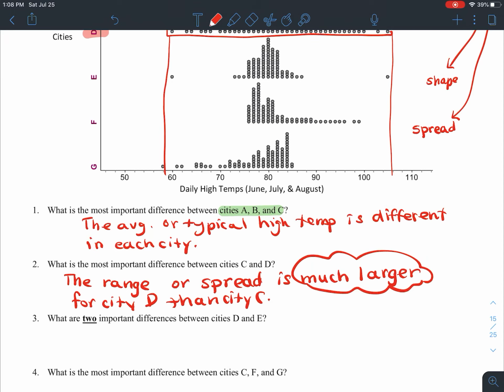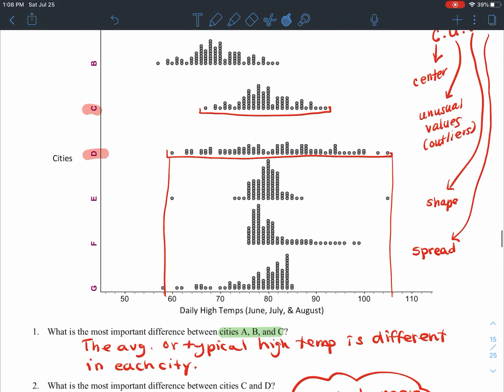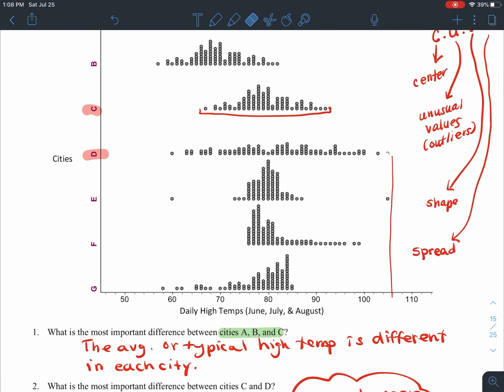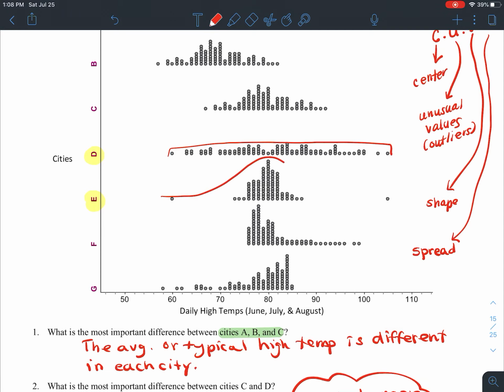Okay, question 3. What are 2 important differences between cities D and E? Okay, so let me just get this cleared off here real quick. We are looking at cities D and E. It's asking us for 2 important differences. Okay, 2 important differences. Well, as you look at D, it kind of feels like this is almost somewhat uniform.